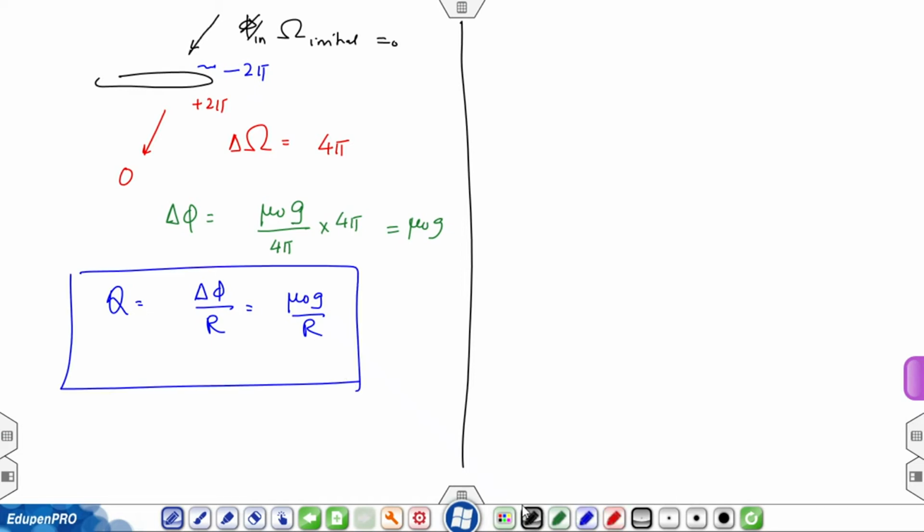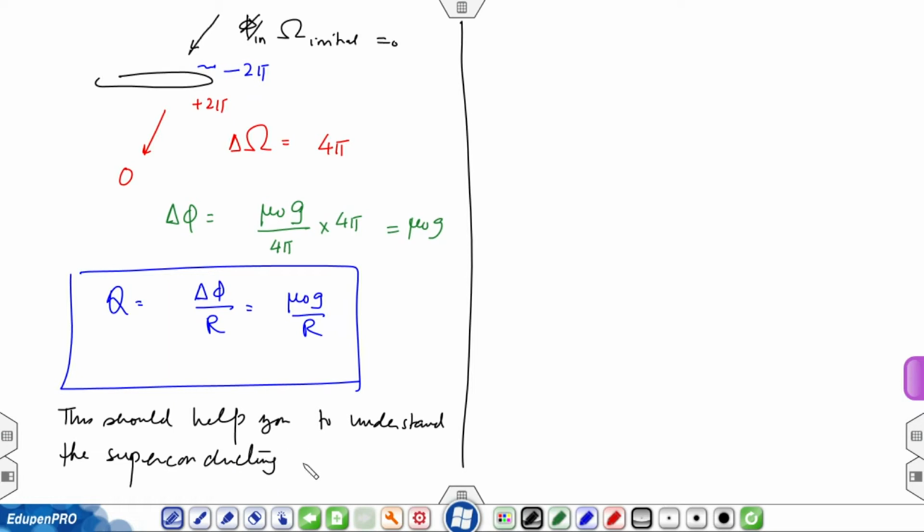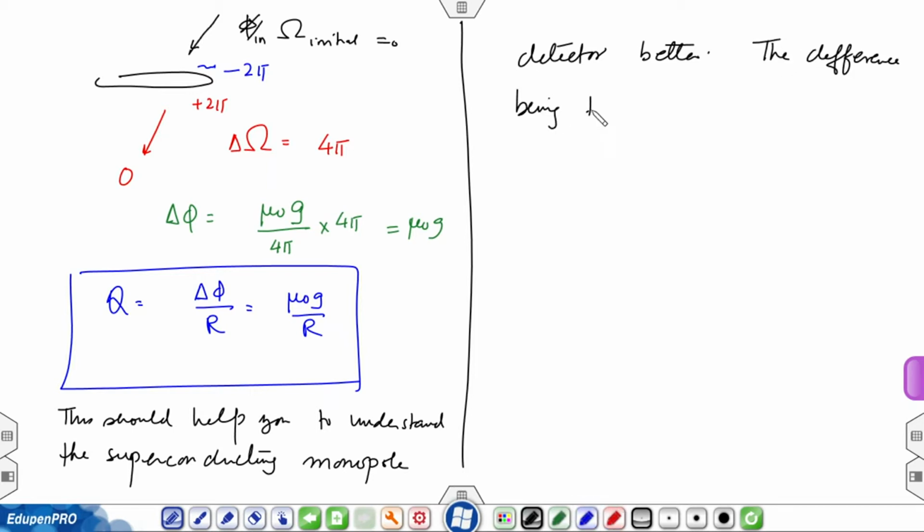This should, as I remarked earlier, help you to understand the superconducting monopole detector better. The only difference between this problem and that is that R is 0 for superconductors.